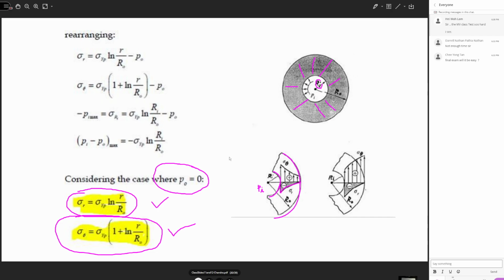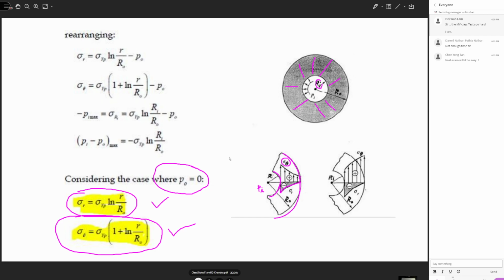At the outer radius it will be zero, even when the material is in fully plastic conditions. Whereas the circumferential stress will be maximum at the inner radius and gradually decreases at the outer radius. It still will retain some.